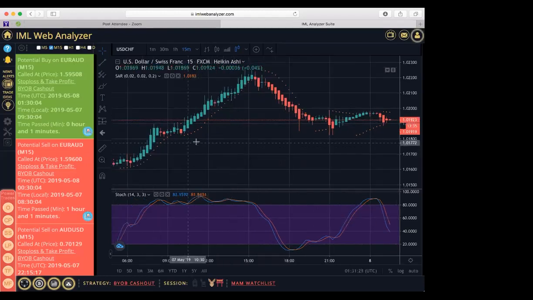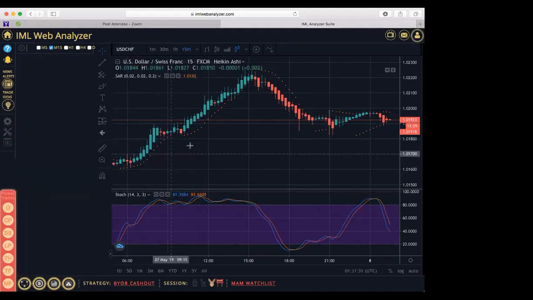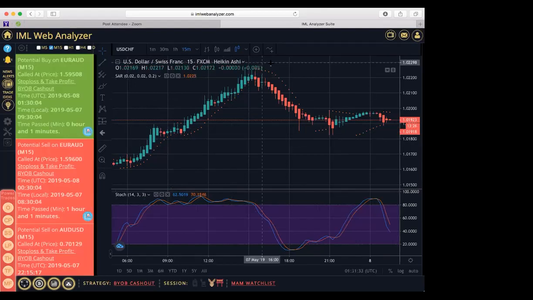Now, PSAR, the dots. For a buy, I want them underneath. For a sell, I want them above. So you can see this shows support and resistance. So the candles indicate the strength of the trend.